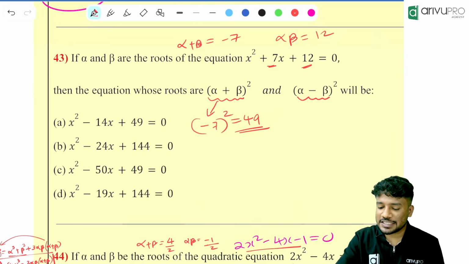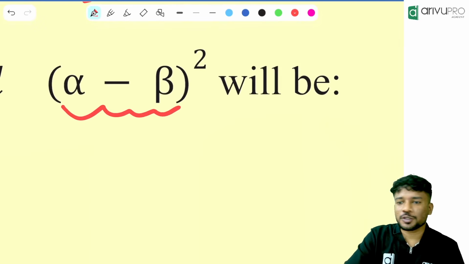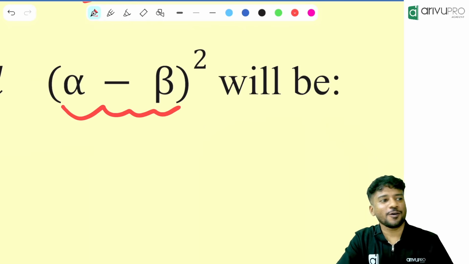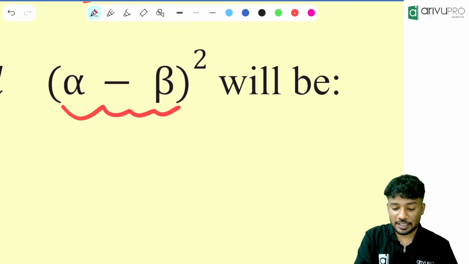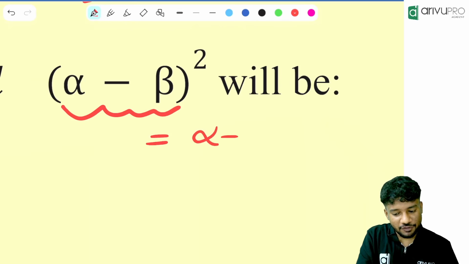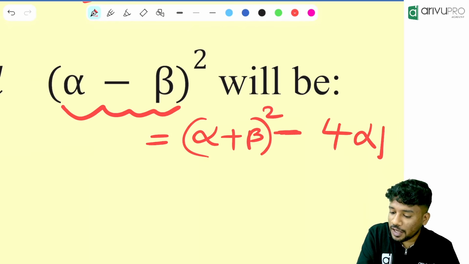We need to find the second root. People, how can you find the second root? Alpha minus beta the whole square. How can you write alpha minus beta in terms of alpha plus beta? Alpha minus beta the whole square is nothing but alpha plus beta the whole square minus 4 alpha beta.